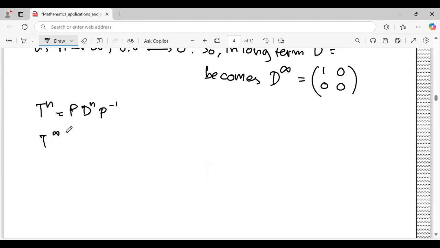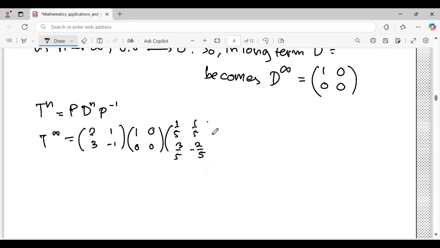So T in the long term is 2, 3, 1, minus 1, times 1, 0, 0, 0, times 1 fifth, 1 fifth, 3 fifth, minus 2 fifth.